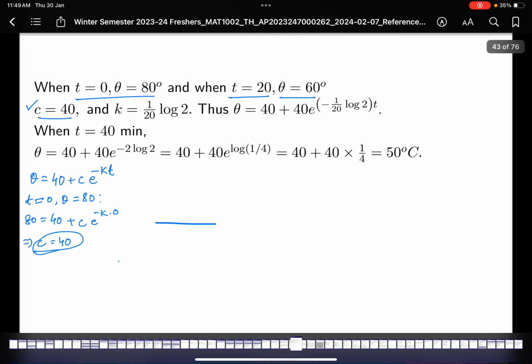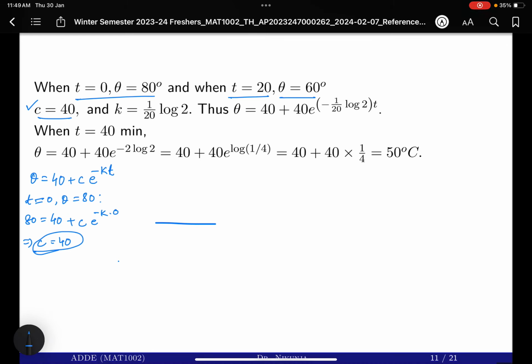And from the next condition, you want to put t equals 20 and theta equals 60. So what you get is 60 equals 40 plus c times e power minus k into 20. Here the c value you already got, 40, so 60 minus 40 equals 40 e power minus 20k.